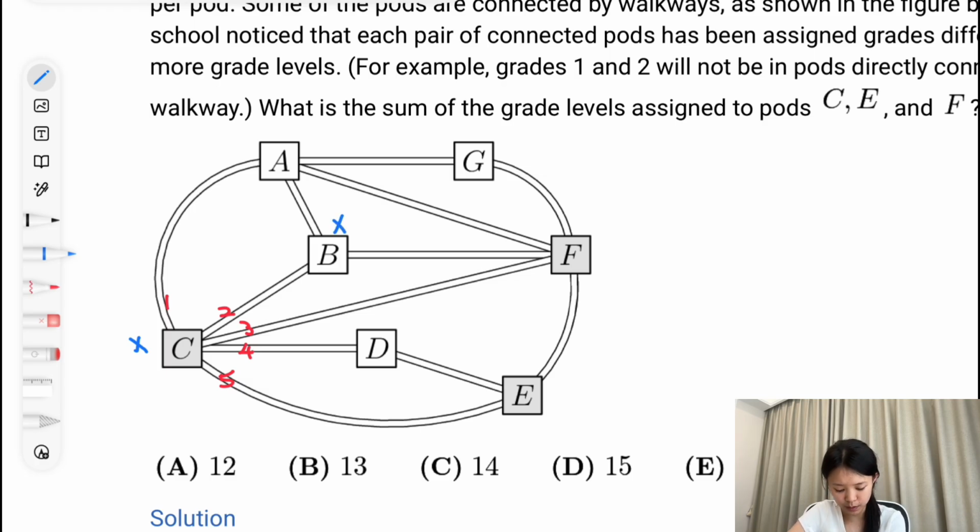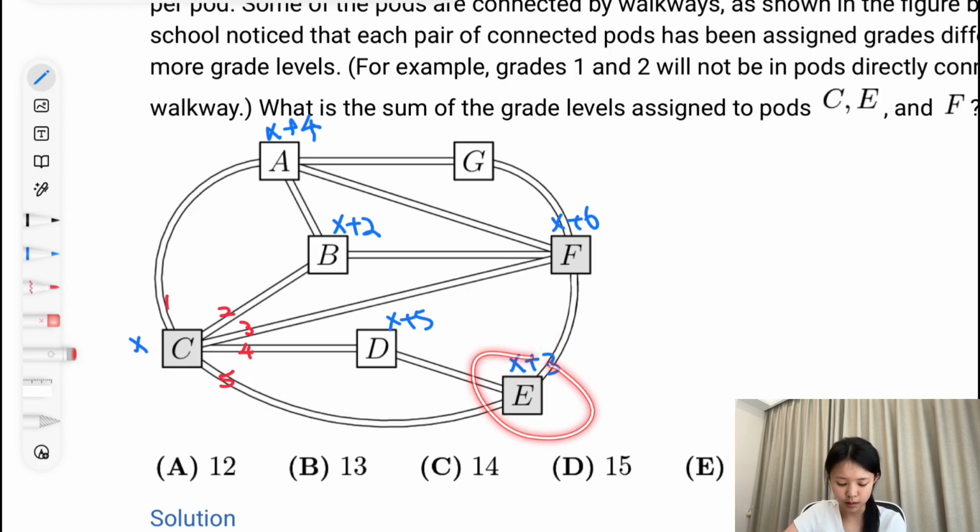For example, B could be X plus 2, and then E could be X plus 3, and then this is X plus 4, and X plus 5, and X plus 6. Notice you have to be aware that these two are connected, which is why I put X plus 3 here as opposed to here.